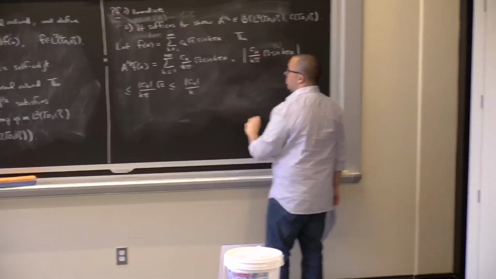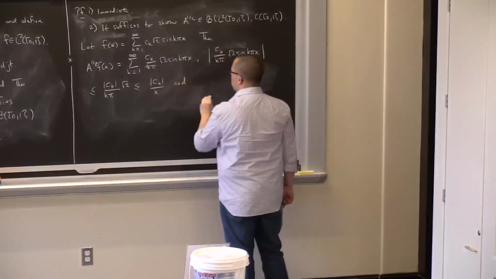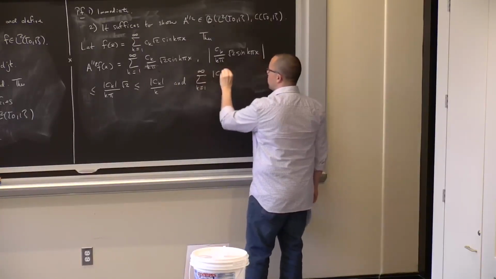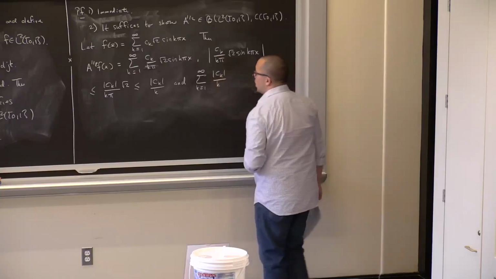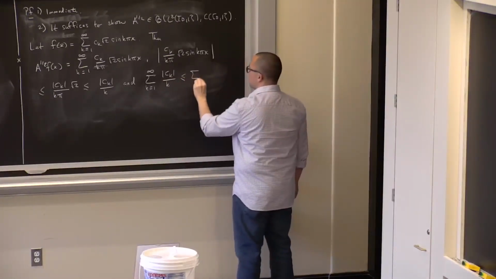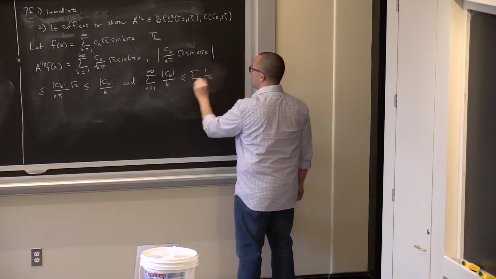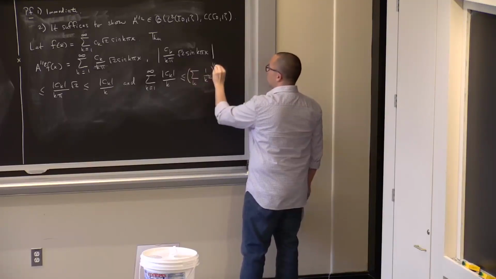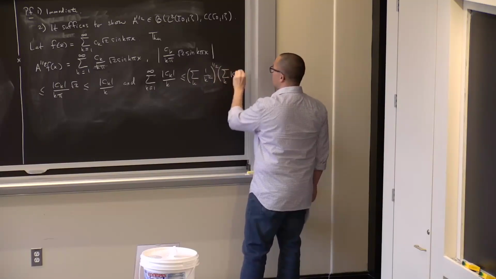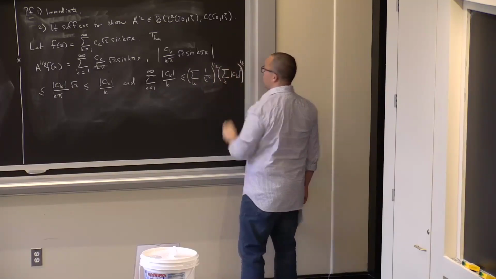And I claim this is summable. If I sum from k equals 1 to infinity, c_k over k, by Cauchy-Schwarz, this is less than or equal to the sum over k of 1 over k squared, to the 1/2, times the sum of c_k squared, raised to 1/2.